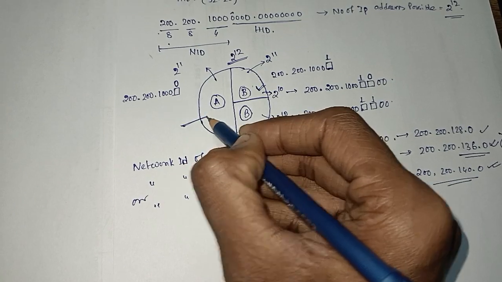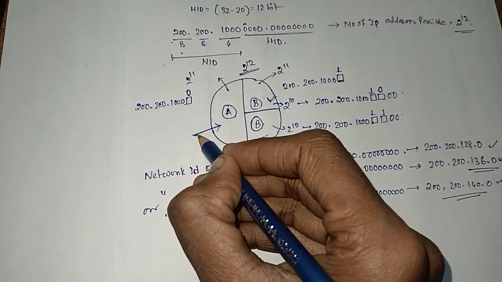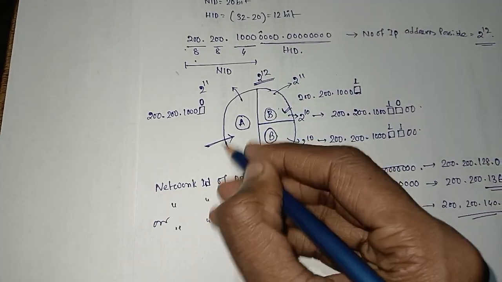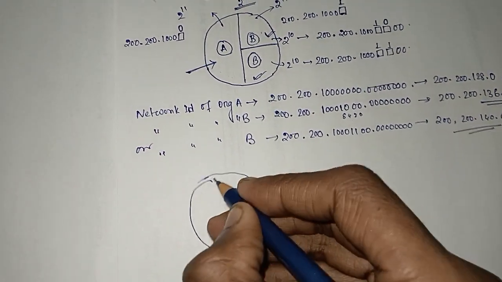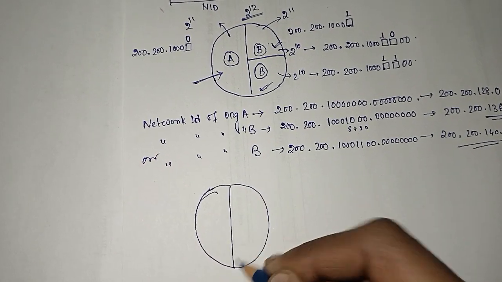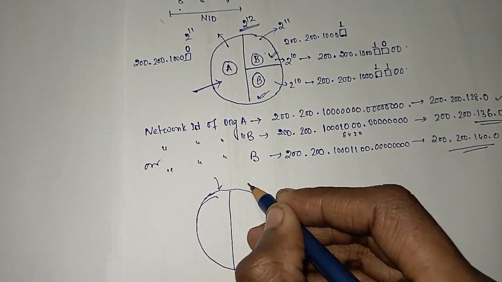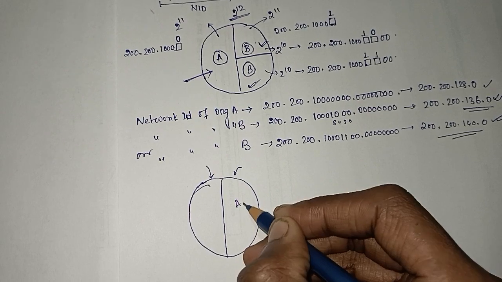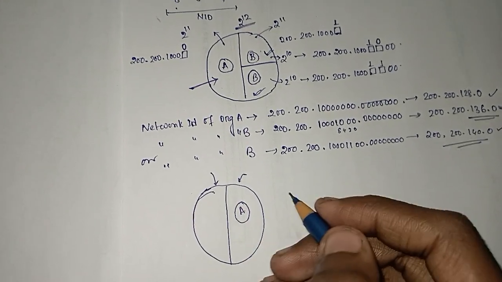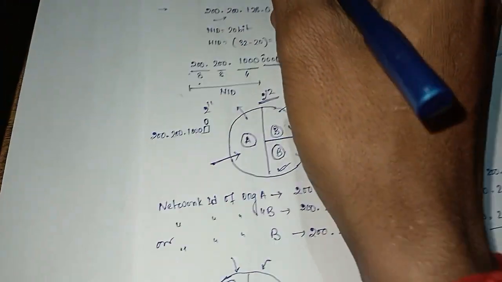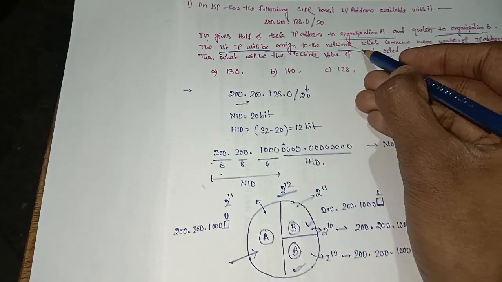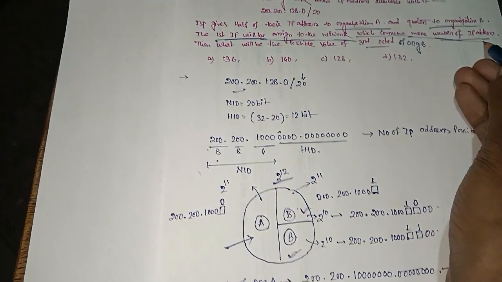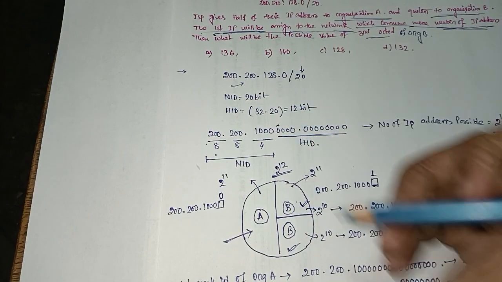We checked the first case, where we give the first part to organization A. If we give the first part to organization B and the second part to organization A, that would be another case. But the question says the first IP will be assigned to the network which consumes more IP addresses.